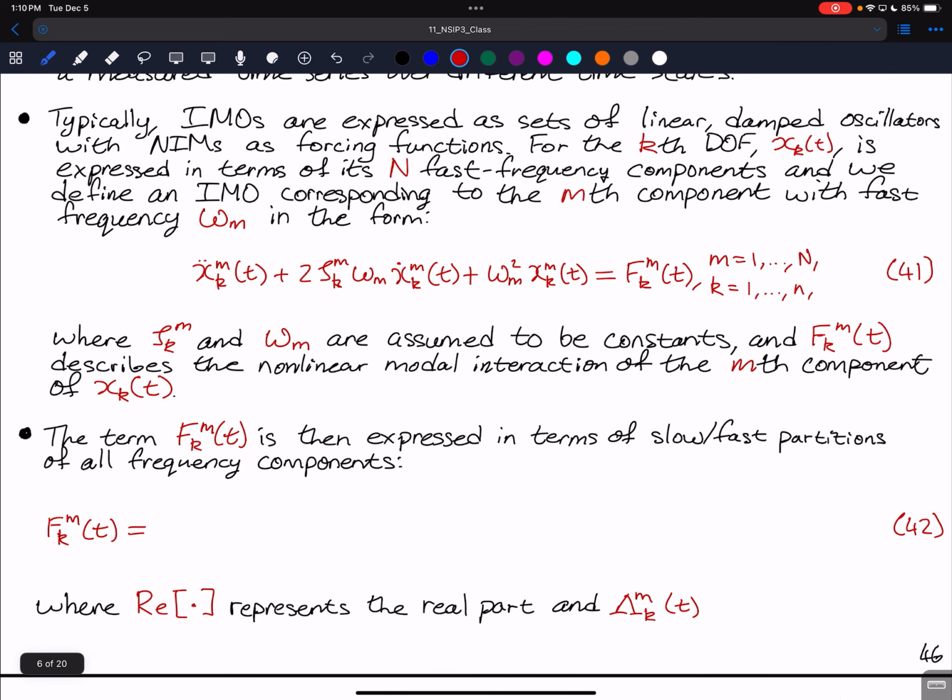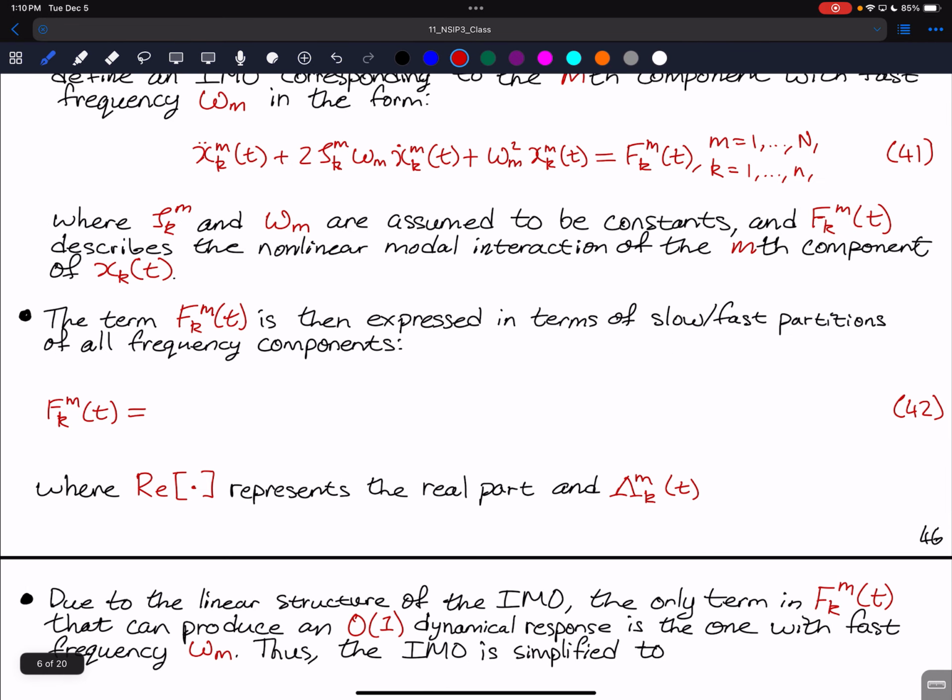So the idea then is that we can express that forcing term in terms of a slow-fast partition of all of the frequency components. So building on this idea that we'll have some oscillation that's a fast frequency multiplied by a slow amplitude, we're now going to do the same thing here. In that case, we will expand this to be the real part of the quantity capital lambda sub k, and here m is 1.